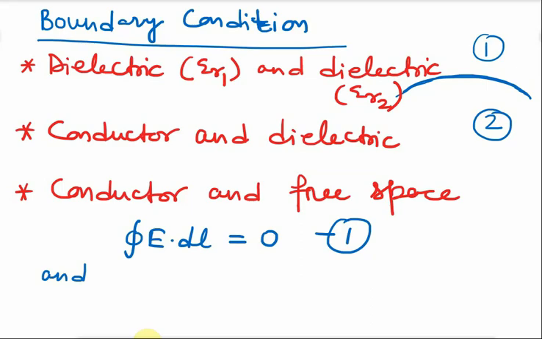And remember the Gauss law. So D dot ds equals your Q enclosed. Okay, so charge enclosed, the surface integral of electric flux density will give you the charge enclosed.